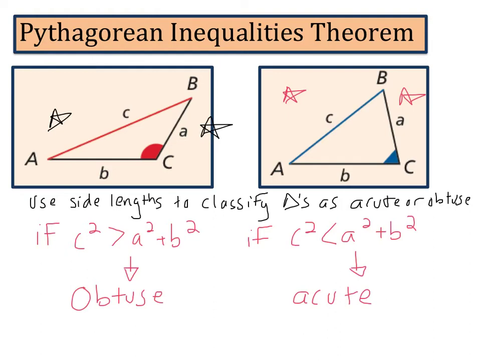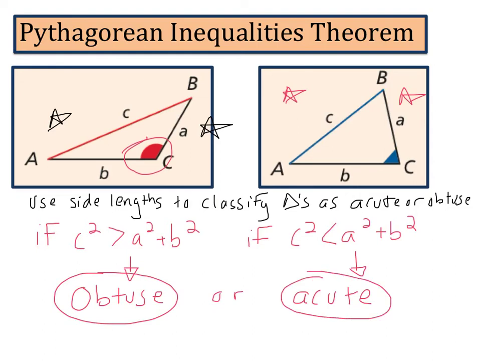And that makes sense because if these are bigger, then this has to be the biggest angle. And these angles can't be equal to the other two sides because that would just make it a right triangle. So we're talking about classifying triangles as obtuse or acute.